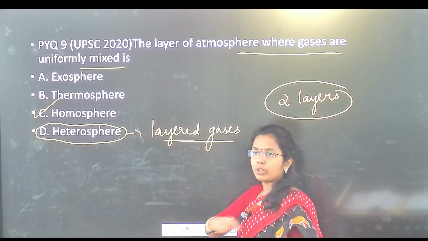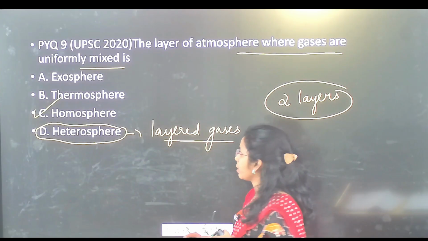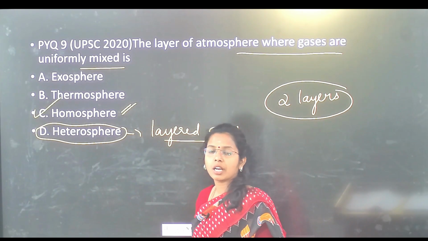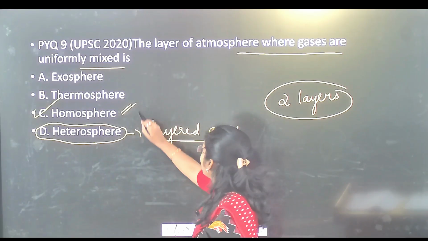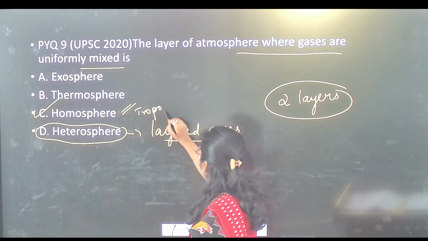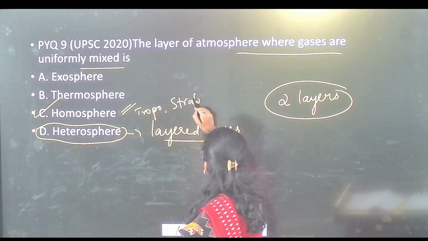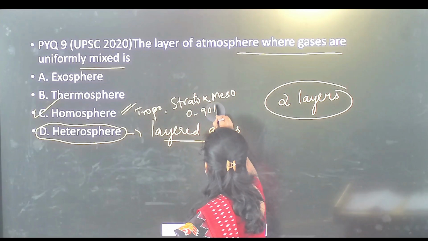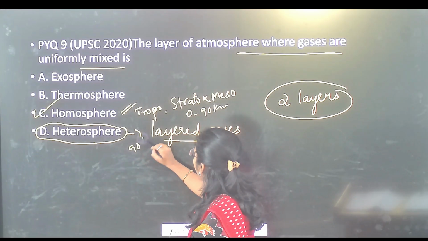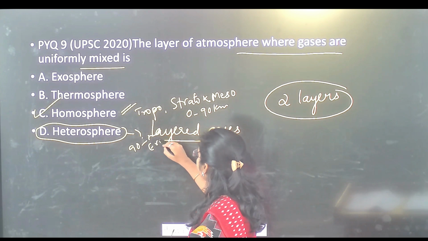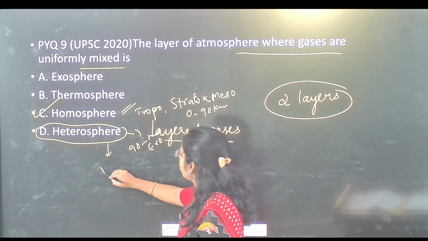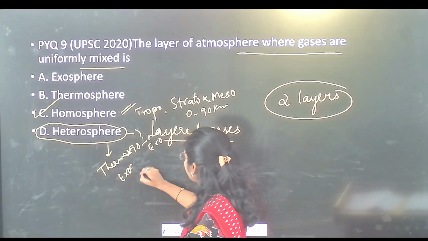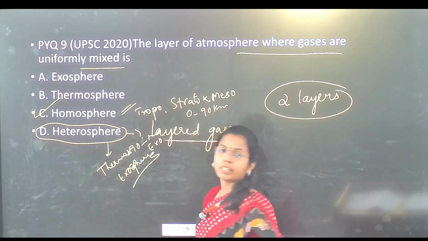Uniformly mixed, you will see in homosphere. Which layers are covered in homosphere? Tropo, strato and meso, means around 0 to 90 kilometers. From 90 onwards till exosphere, hetero: thermo and exosphere are part of heterosphere.